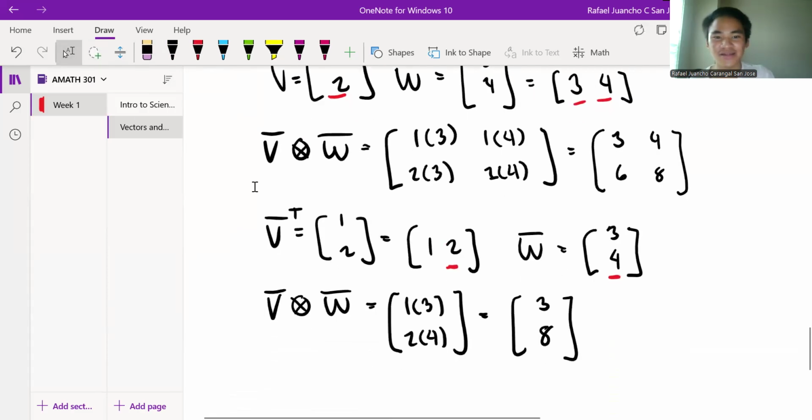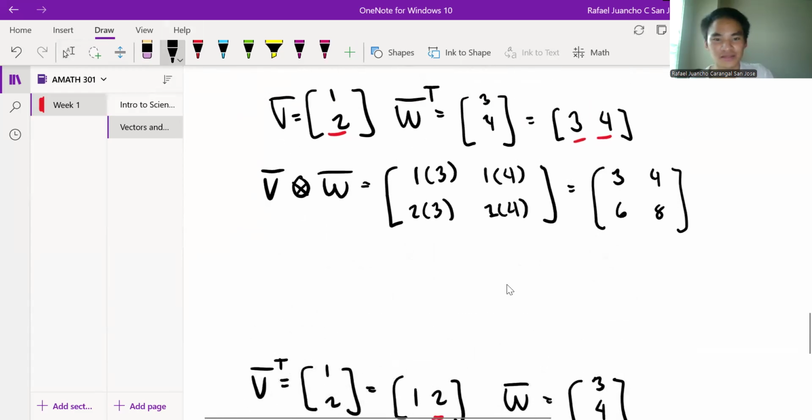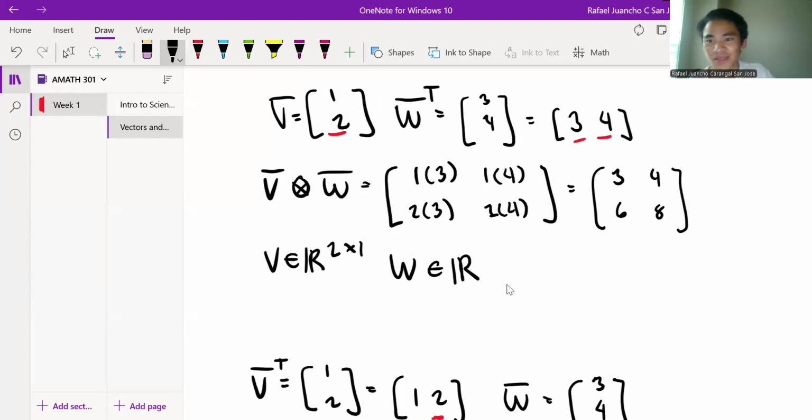Now, mathematically, how is this possible? Let's look at the first example where we transpose W. What's the characteristic of V? V has 2 rows, 1, 2. How many columns? 1. So 2 by 1. While W, we transposed it. W has how many rows? 1. How many columns? 2.